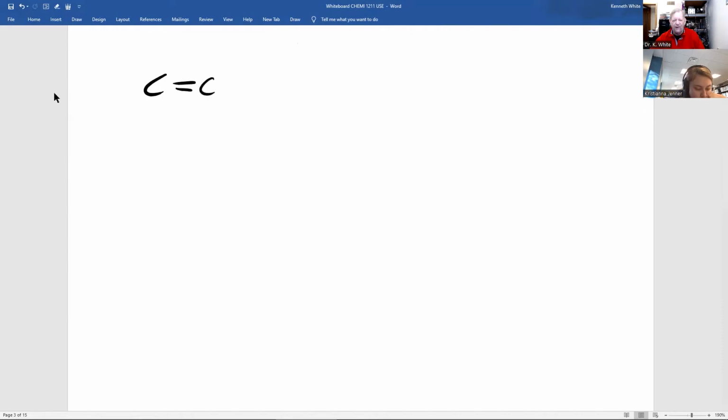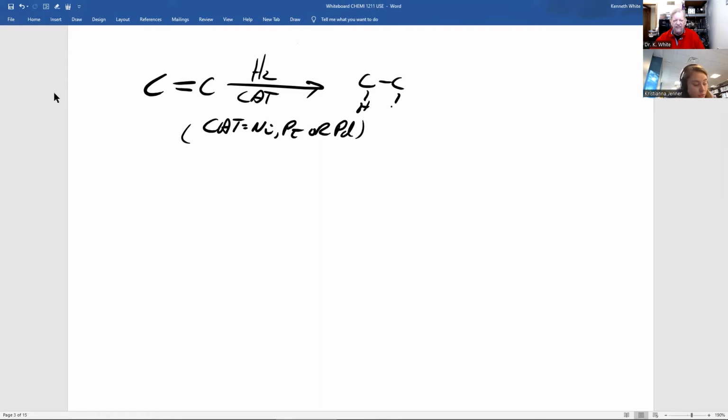Remember long ago, you took a double bond, carbon-carbon double bond, reacted with hydrogen and catalyst. You break the pi bond, and each carbon of the double bond gets a hydrogen. And remember, there's a pi bond here and one sigma bond. And do you break sigma bonds, single bonds?